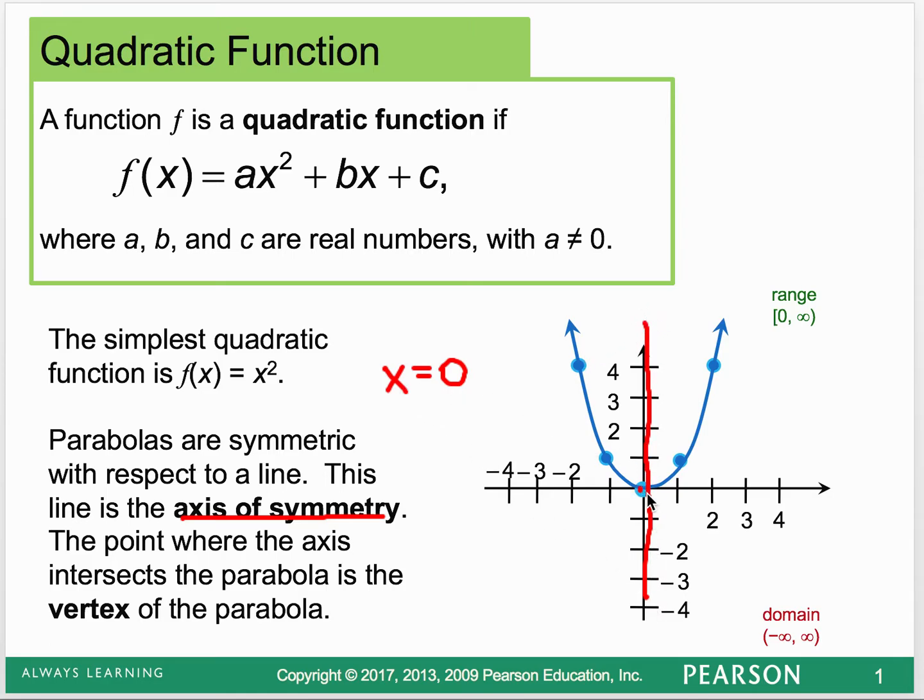So for our basic one, it's x equals 0. This point right here, the very bottom or the very top, if your parabola happens to be upside down, is called the vertex. So that point for the basic quadratic function is 0, 0.